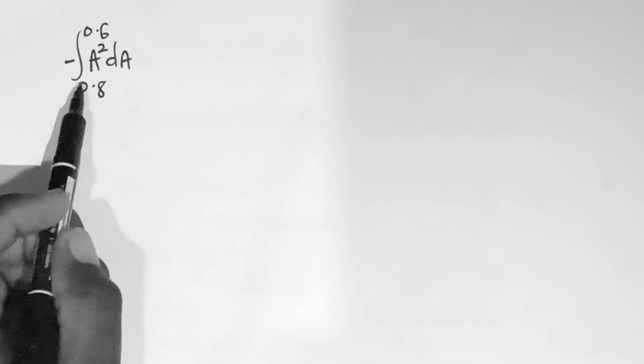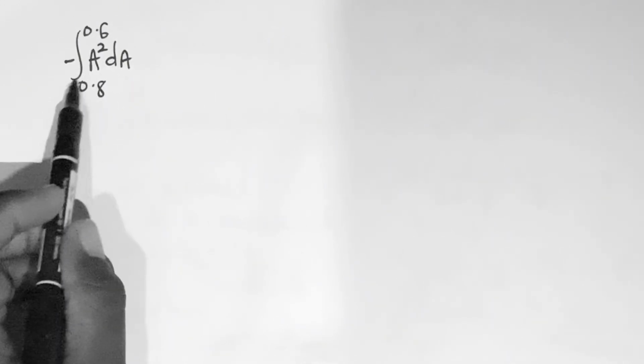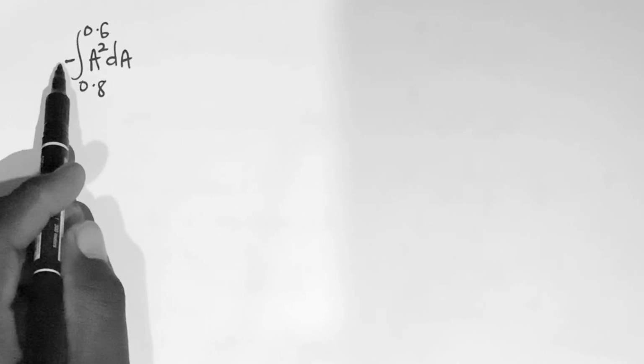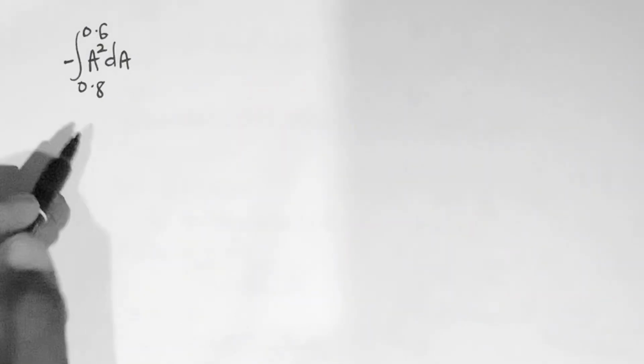So the integral becomes minus the integral from 0.8 to 0.6 of a squared dA. But because we always integrate from the lower limit to the upper limit, and 0.8 is greater than 0.6, we'll use this minus to swap the limits.